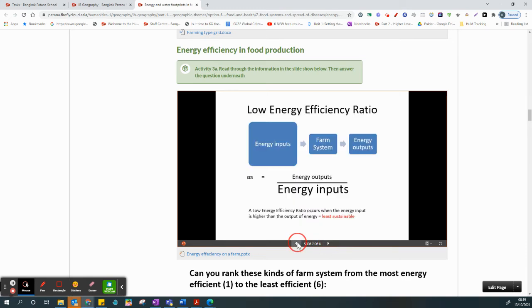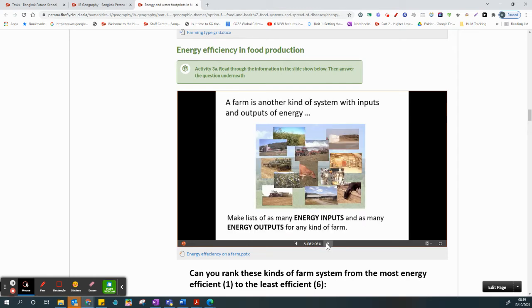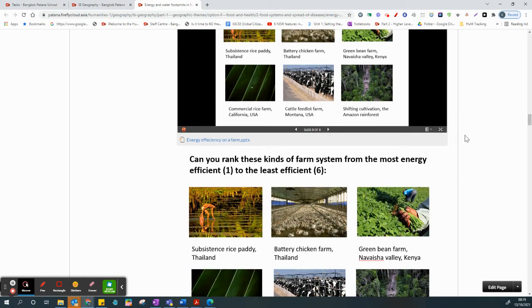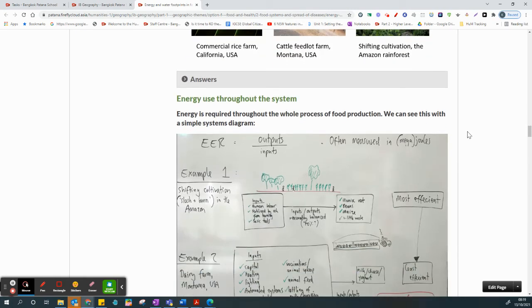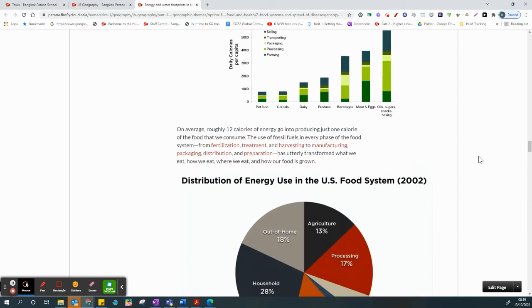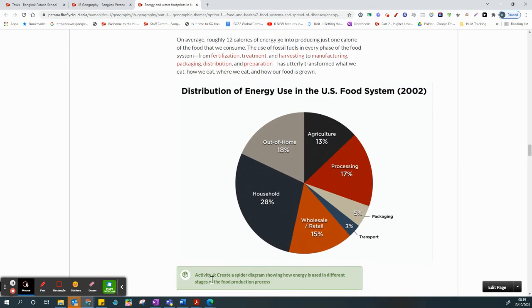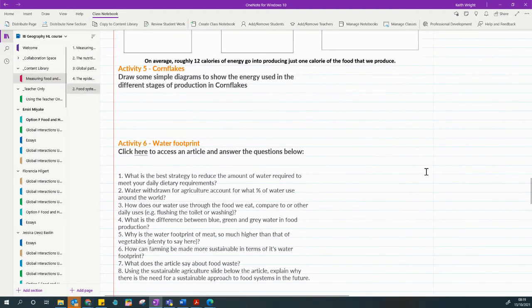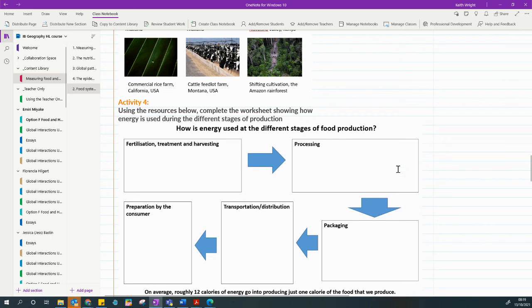It's probably a good idea to take some notes before you attempt that last activity. You've also got a diagram there to help you interpret that. And I'm not sure you'll get much further than that. It would be nice if you can get onto it, and if not, finish this for home learning, please.